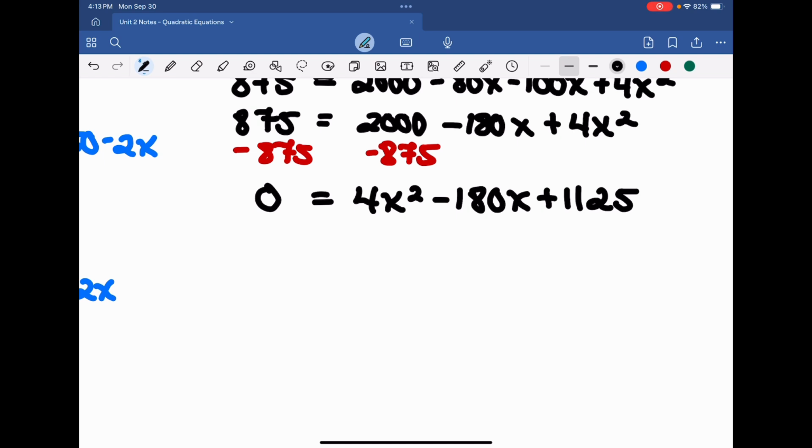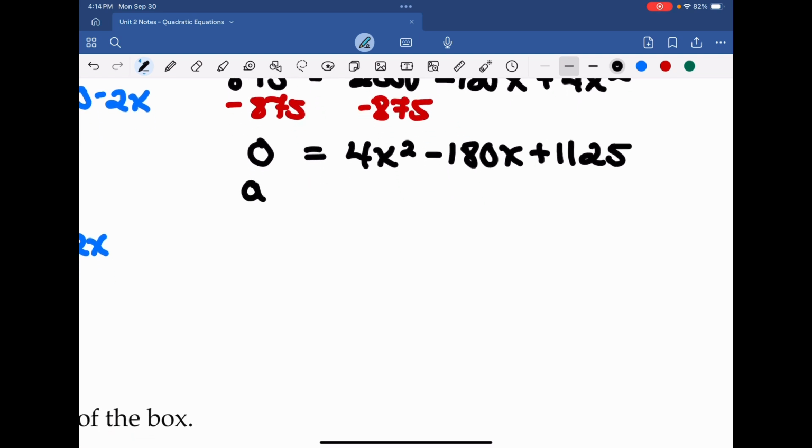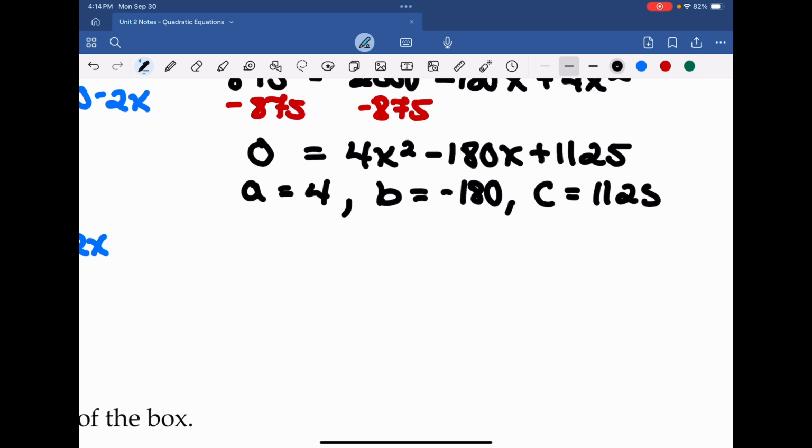Okay, here's where we want to go into our quadratic formula. So we're going to identify the a, b, and c. a is equal to 4, b is equal to negative 180, and c is equal to 1,125. It's the constant value. Therefore, x is equal to the negative 180, which is our b value, my apologies, plus or minus.